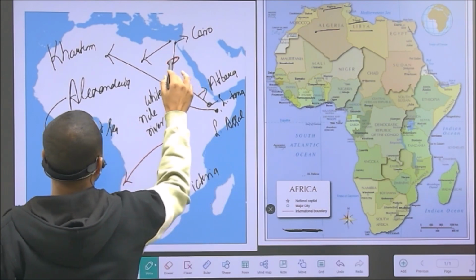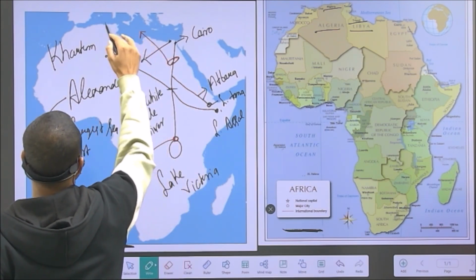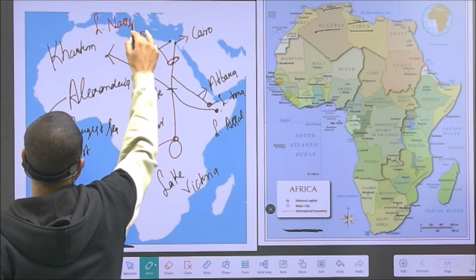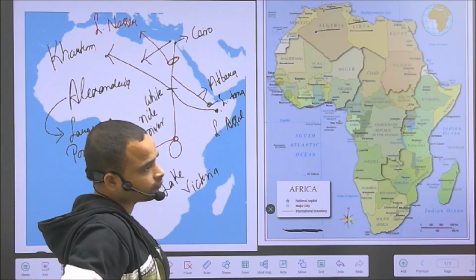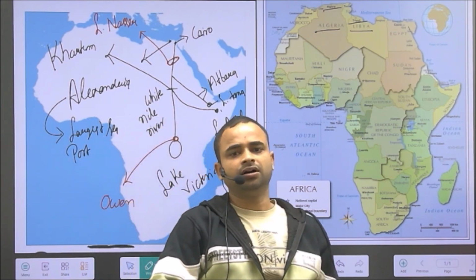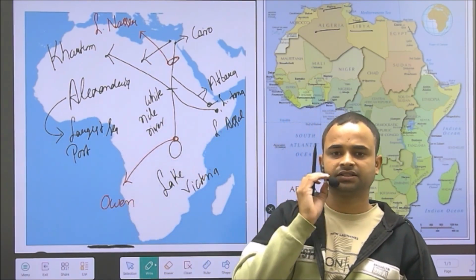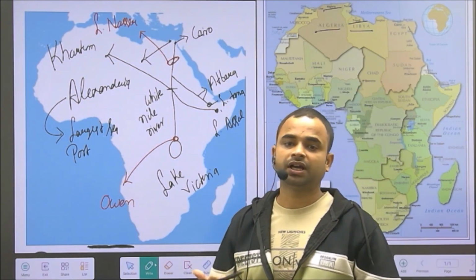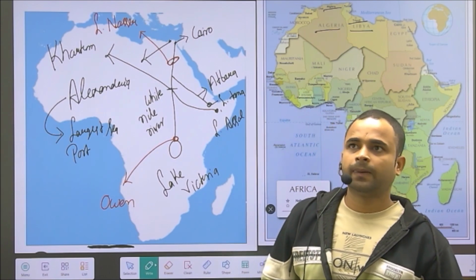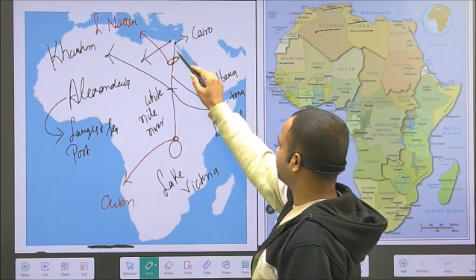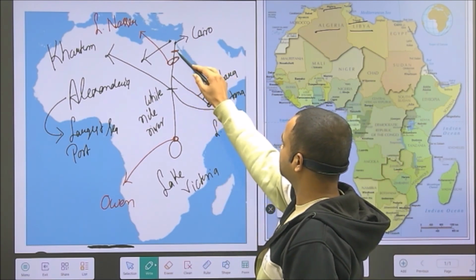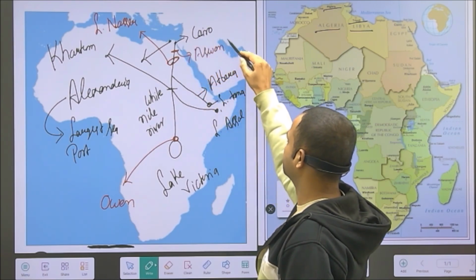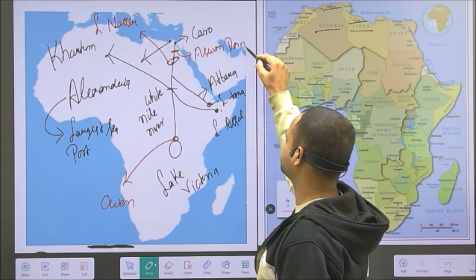This lake is called as Lake Nasser. And ahead of Lake Nasser in Egypt, one another dam you can see, Aswan Dam. Aswan Dam is situated here.